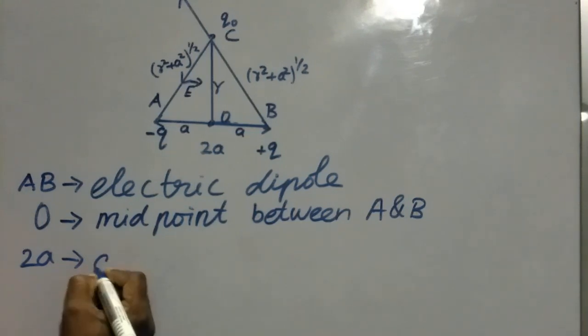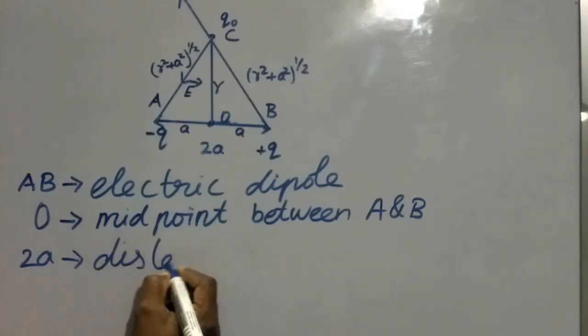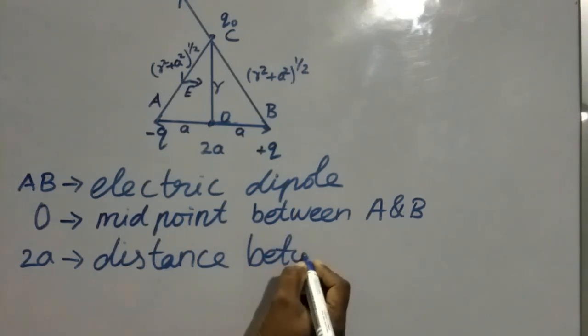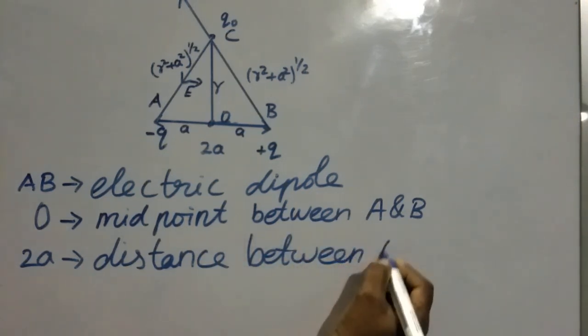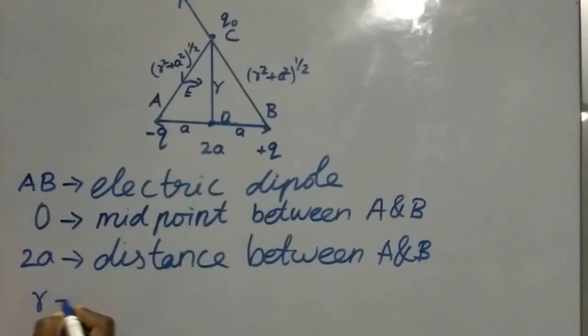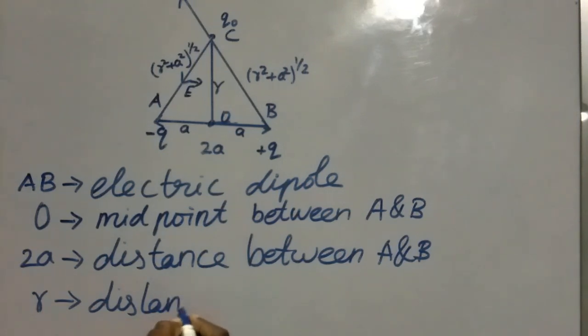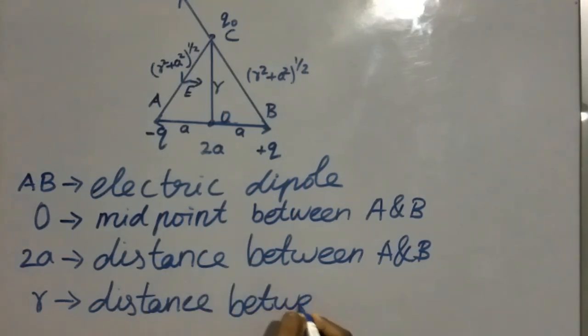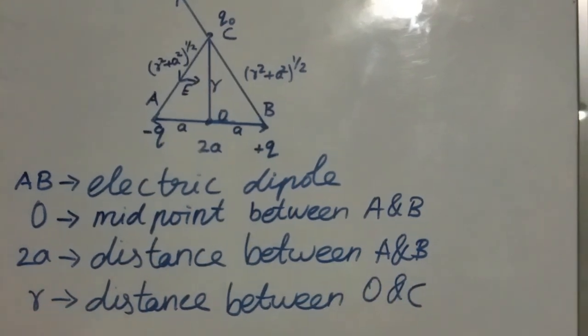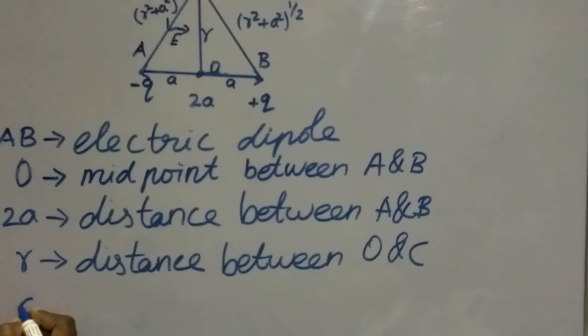It is the distance between A and B. What is r? It is the distance between point O and C.